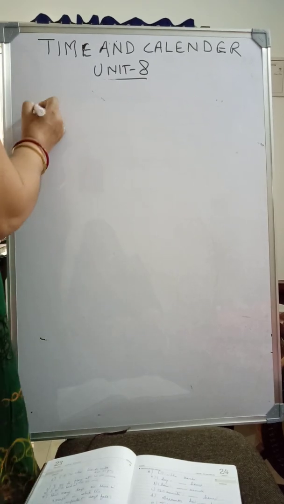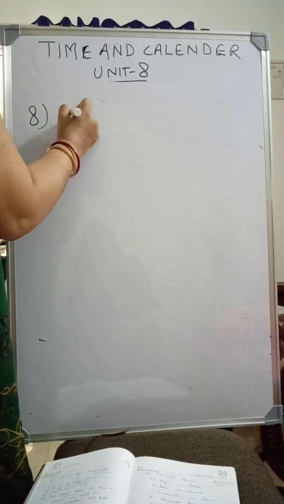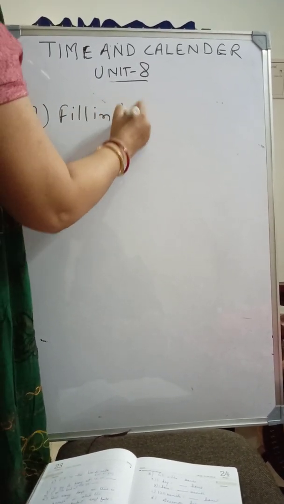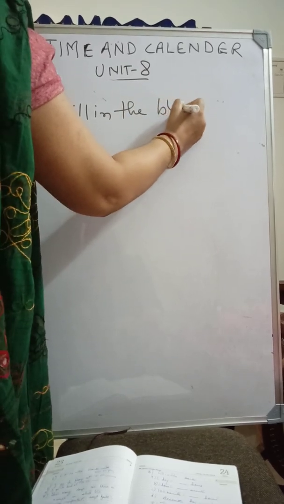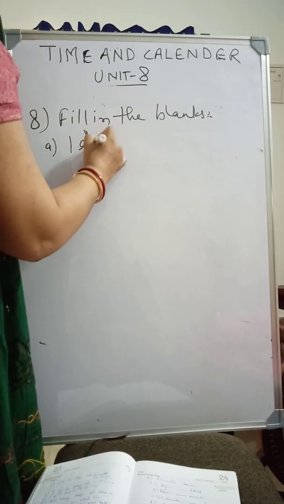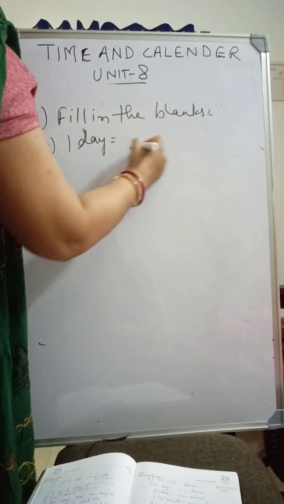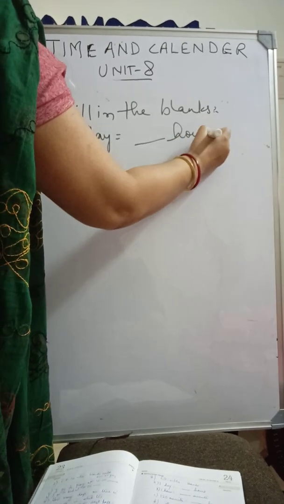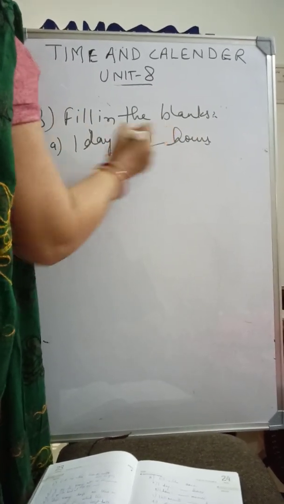Now come to question number 8. Fill in the blanks. So first one is 1 day equals how many hours? So how many hours, children? 24 hours.